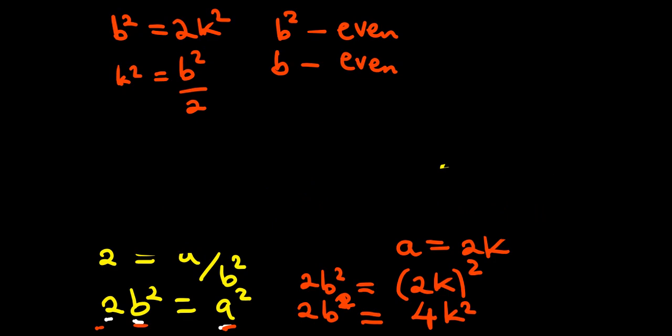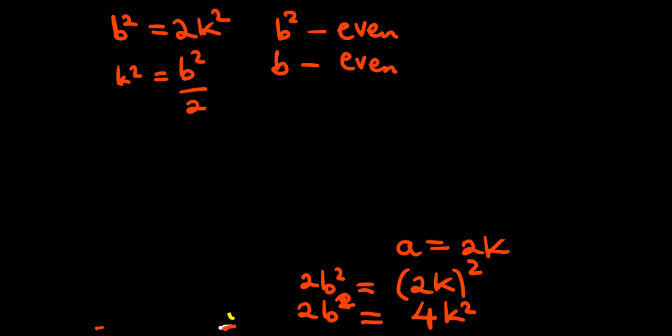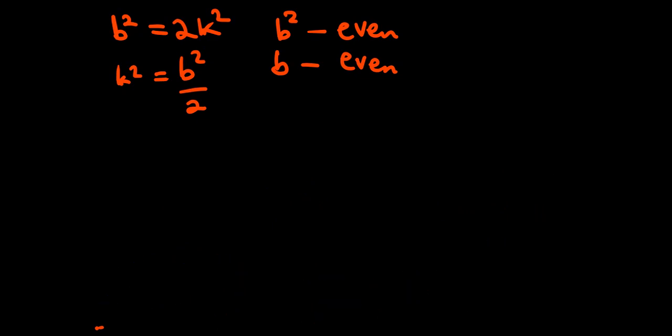A contradiction comes in that when starting we made an assumption to say that a over b have no common factors.